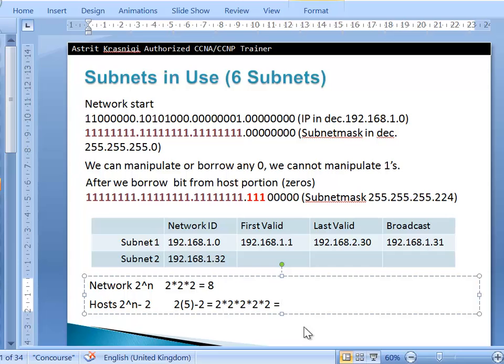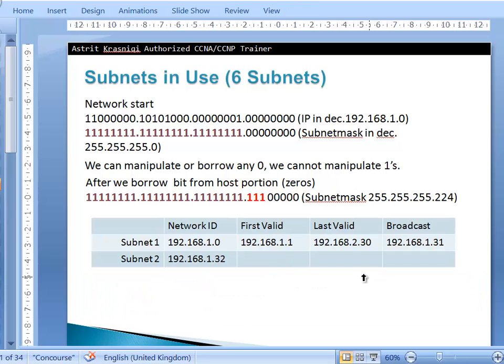So 2 to the power of 5 equals 32, minus 2 is 30. If we borrow 3 bits, that gives us 8 networks and leaves us with 5 zeros for the hosts, giving us 30 available hosts. So first valid is 1, last valid is 30.